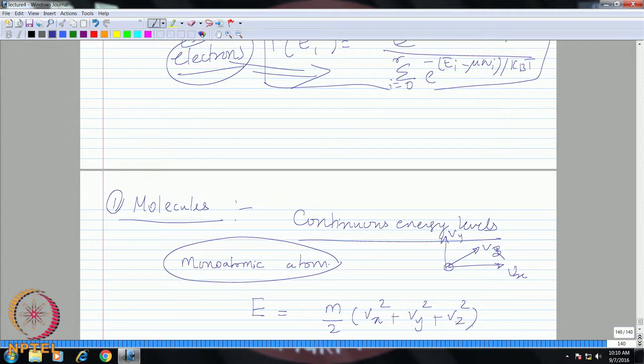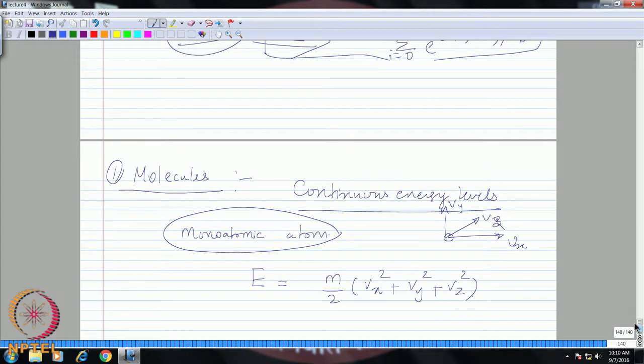There are no vibrational modes, there are no rotational modes. So, it is purely translational kinetic energy. Therefore, you see these Vx, Vy, Vz are continuous energy levels. You can actually span from minus infinity to infinity depending on the direction that they are moving across.